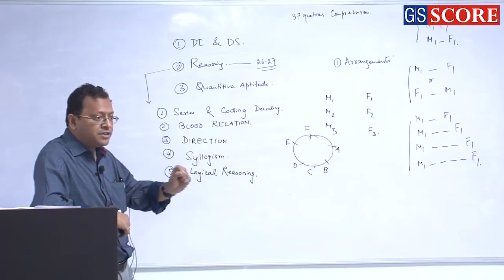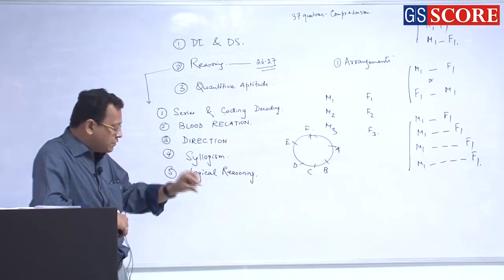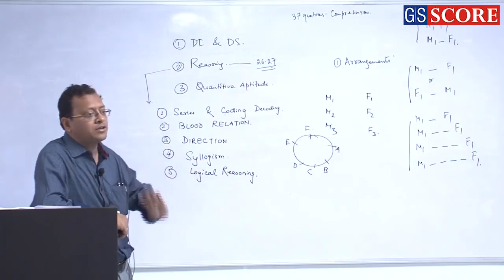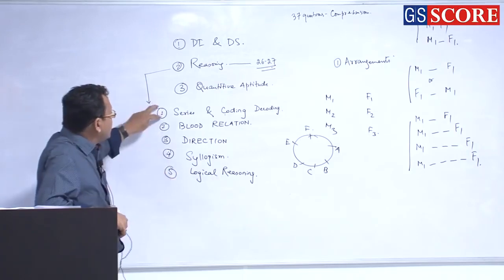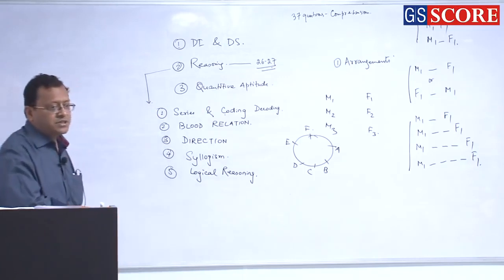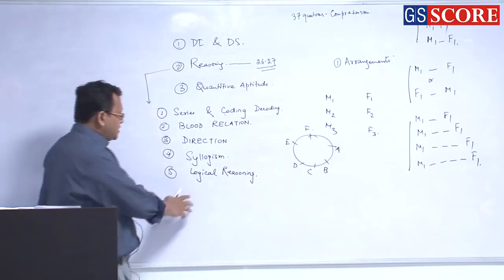Then on subsequent conditions given in the question, a new set of conditions comes, and based on that you have to crack the logic, right? So these kind of questions are asked in this. Statement conclusion, statement assumptions questions are not asked. Basically these kind of questions are asked only, right?